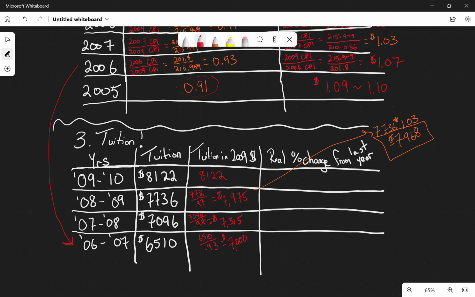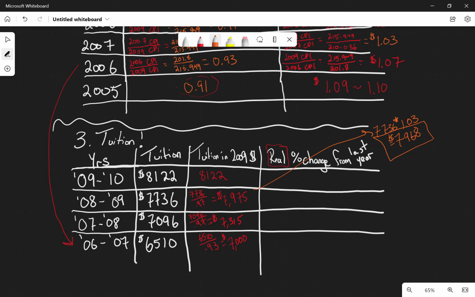Okay, so from here, now we can calculate the real percent change, right? If we didn't convert everything to 2009 dollars, what would we be calculating instead? We would have been calculating the nominal percent change, right? But we're not going to calculate the nominal, we're calculating the real percent change.